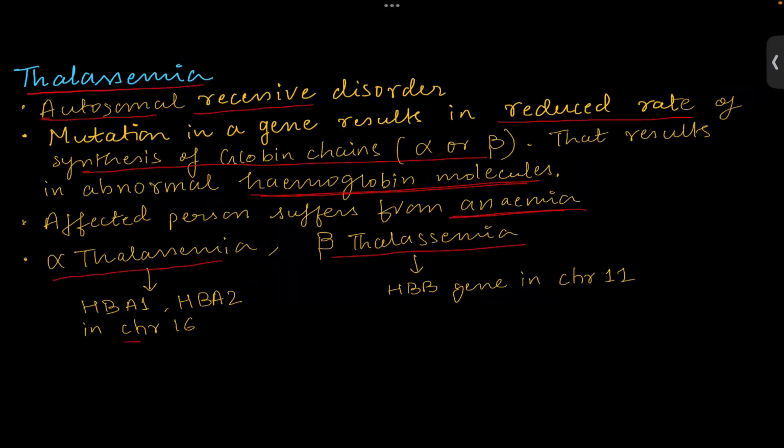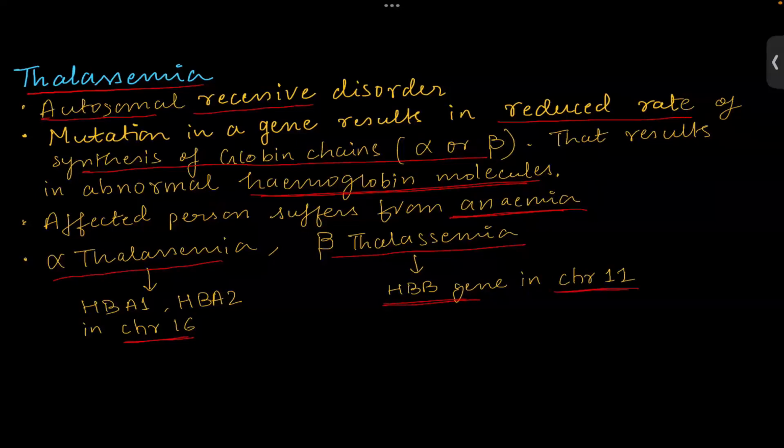These two genes are found to be present on chromosome 16. Whereas beta thalassemia, this variant of thalassemia, happens because of mutation in a gene called the HBB gene, and this gene is present on chromosome 11.